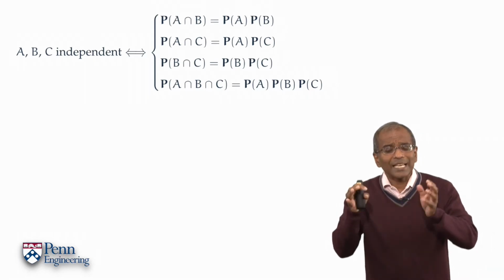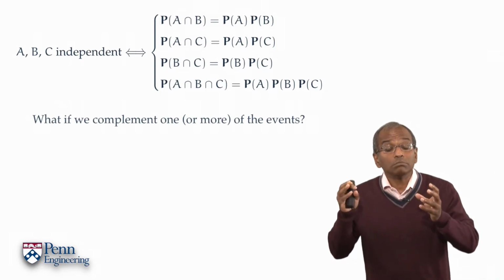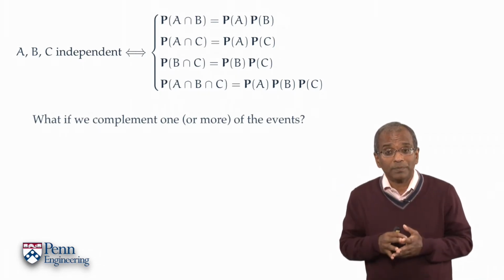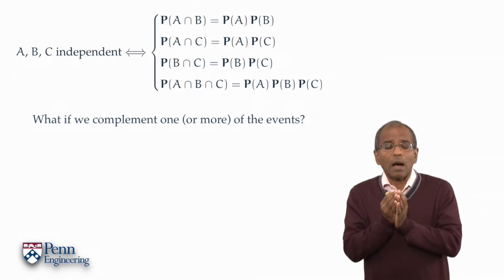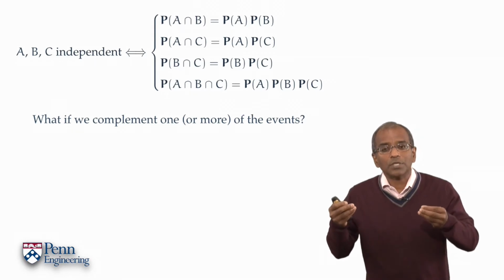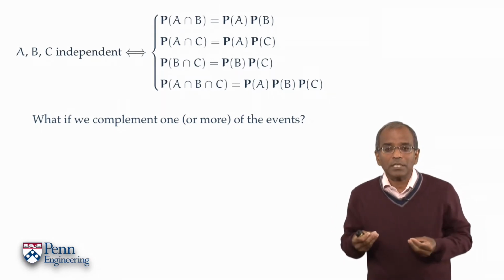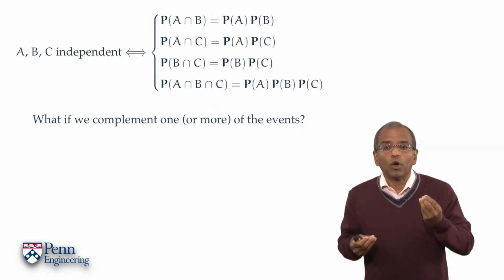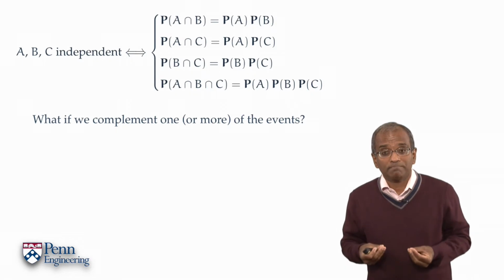What if in a setting of three independent events, we complement one or perhaps more of the events? We've already checked that rules of products are maintained for pairs. So our question here comes down to, what if we look at an intersection of three events where one or more of the events A, B, or C are replaced by their complements?